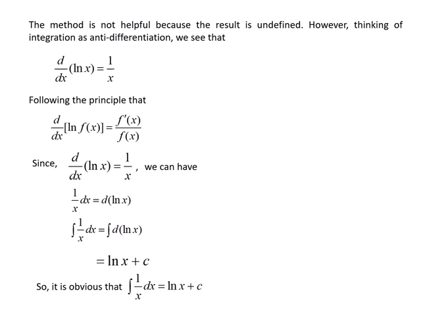Now let's look at it in that way, following the principle that we have f of s equal to f prime of s all over f of s. Since this ln s has derivative 1 over s, we can have 1 over s ds equal to d(ln s).